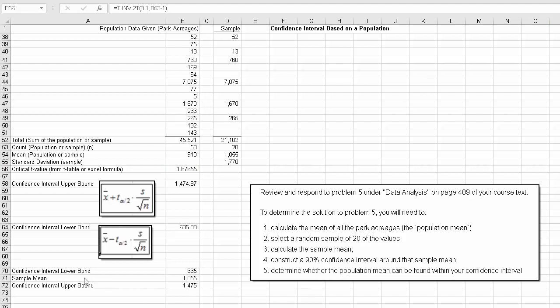Oh, let me clarify. We want to use the population mean here, not the sample mean. So the population mean was 910. And 910 also falls within the confidence interval. Okay, just to clarify. All right, I hope you found that beneficial.